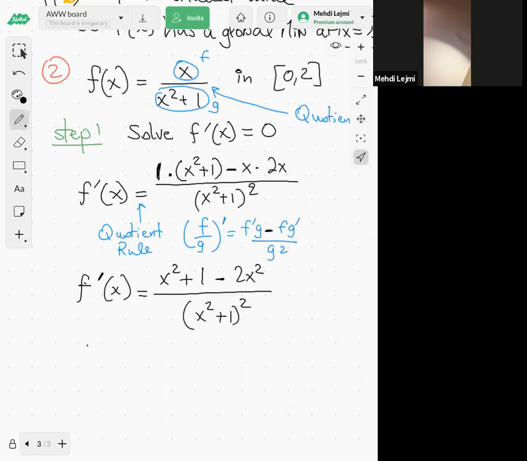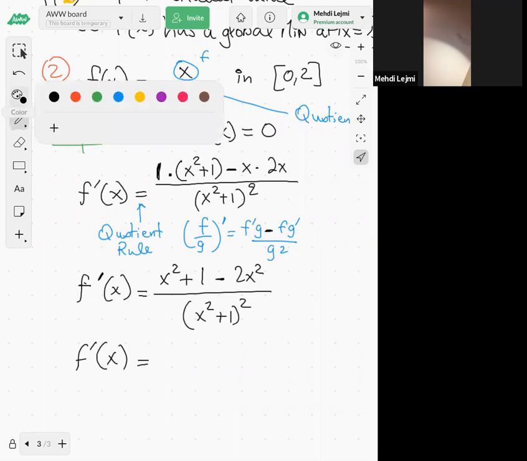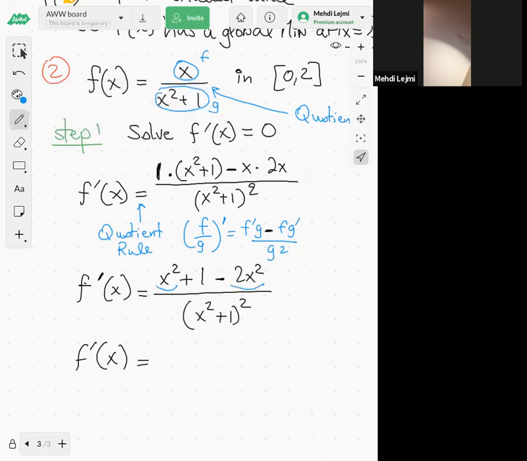And so my f prime of x would be, you see this x squared minus 2x squared, that would be minus x squared, and then there is plus 1. So here's my plus 1, over x squared plus 1 squared. All right, so that's my f prime of x.